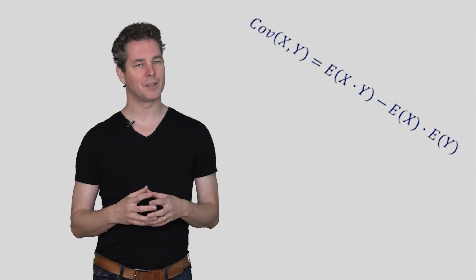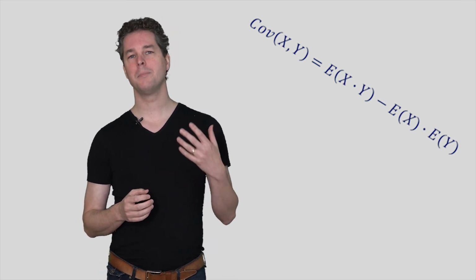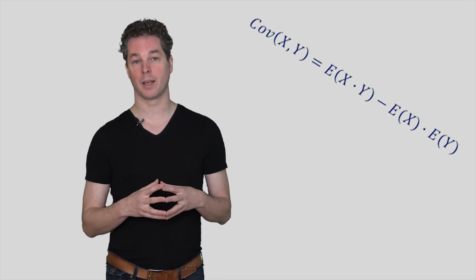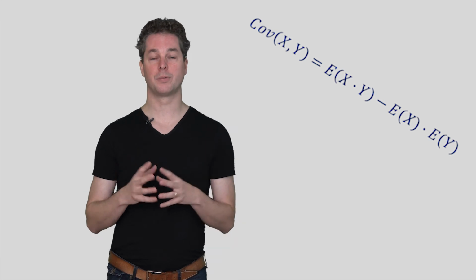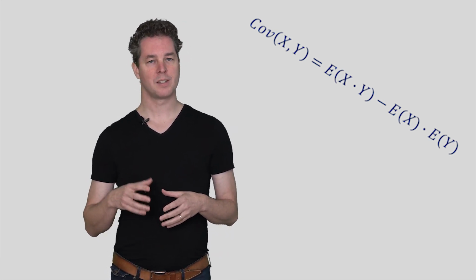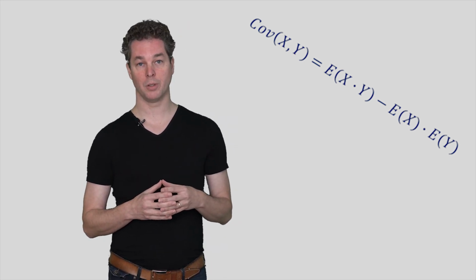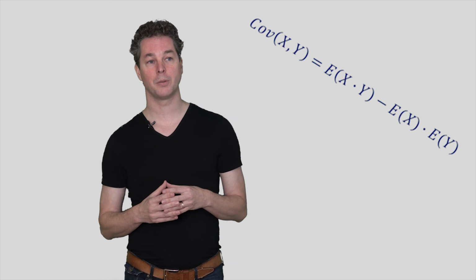If you cannot guarantee independence of two variables, then you may be able to still do some of the calculations, but you have to change them a bit, and that's where covariance comes into play. It's something that will not show up a lot during this module, but it's something that you should be aware of.